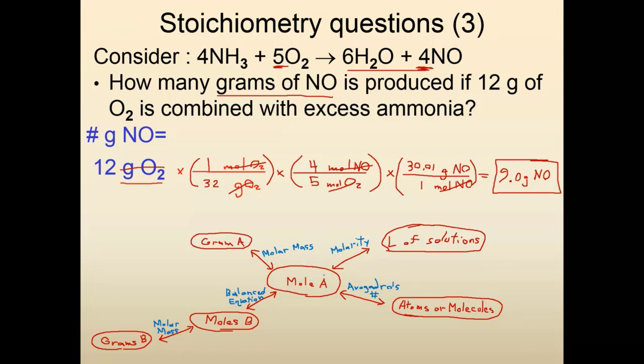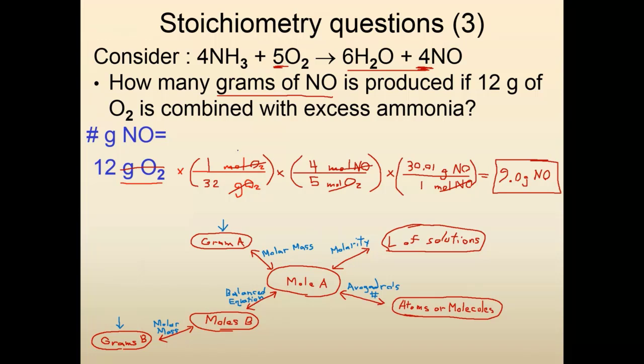This is kind of like a conversion map to guide you on what you would need to do to convert from one thing to another. In this case, I'm starting with grams of NO. So I'm starting here, and I need to get to grams of something else. So I need to go here. First thing I have to do is convert the grams of O2 to moles of O2 using the molar mass.